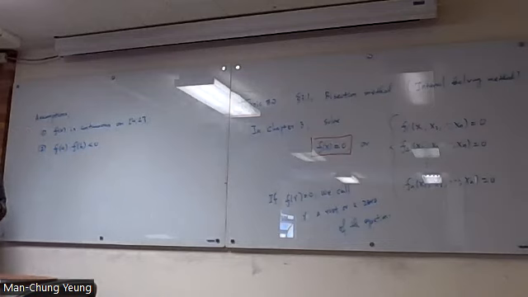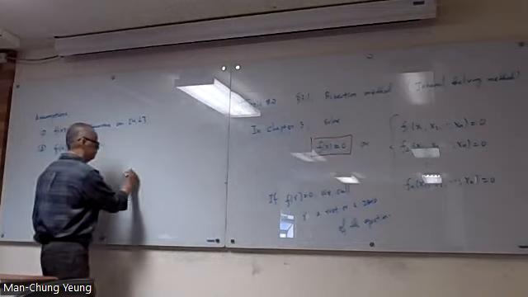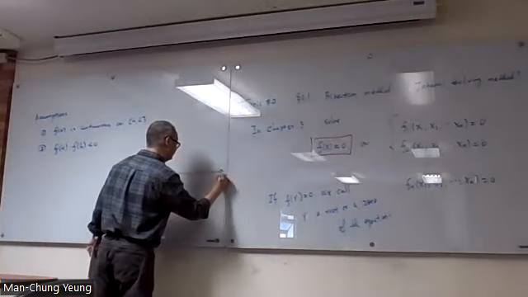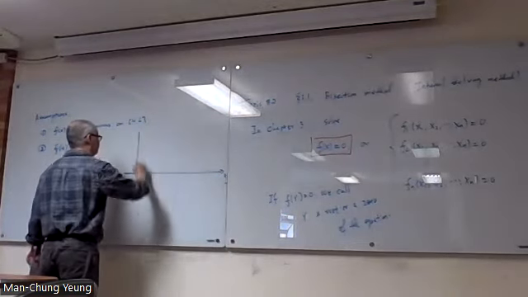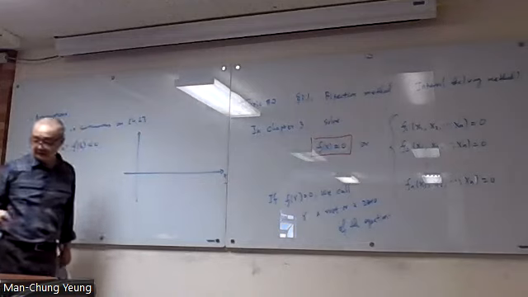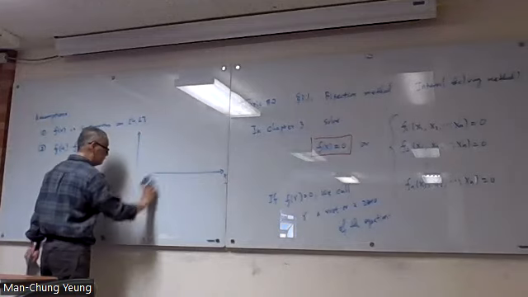What does this mean? This means the function at the two endpoints has different signs. Let me draw a diagram.